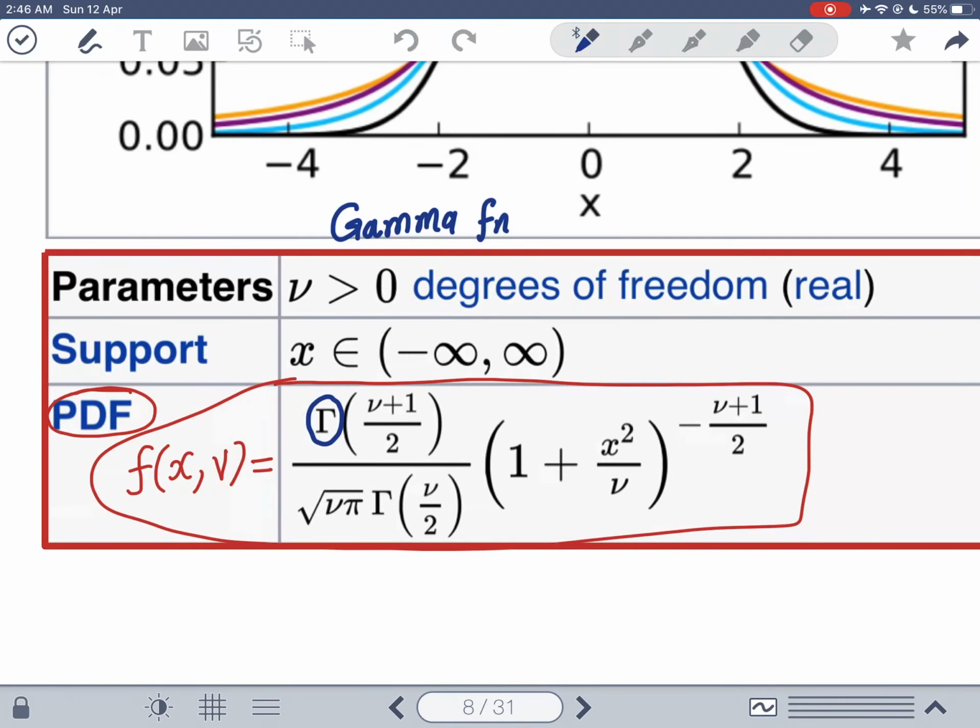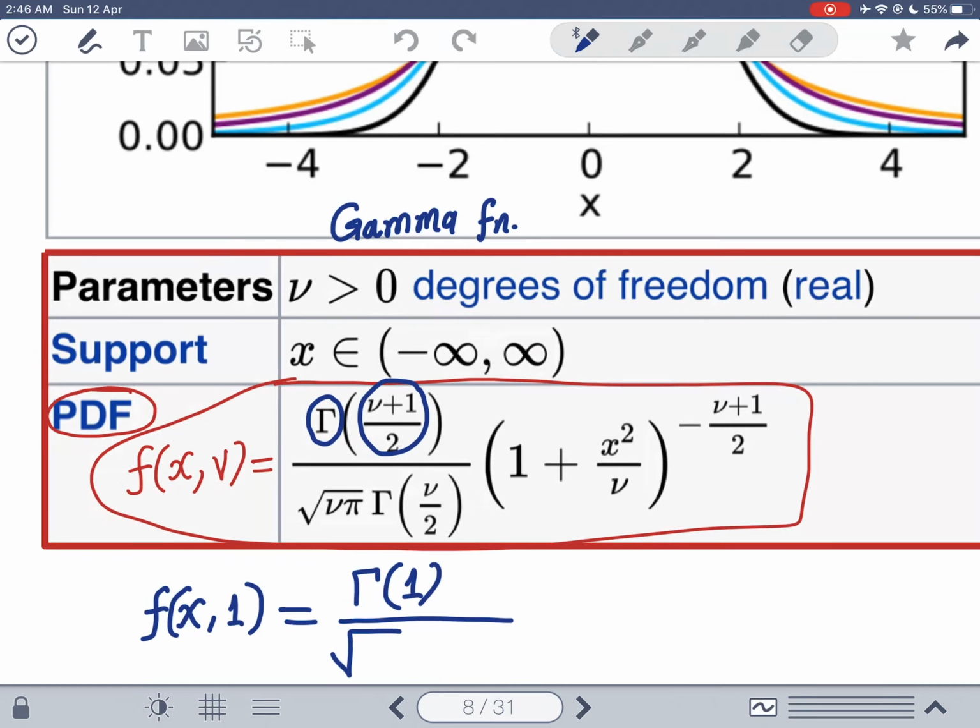Now, what I want to do is show you what happens when we take 1 degree of freedom. What if V is 1? Let's replace V with 1 in this formula. This will be gamma of (1 plus 1) over 2, which is 1, over the radical of V times pi.